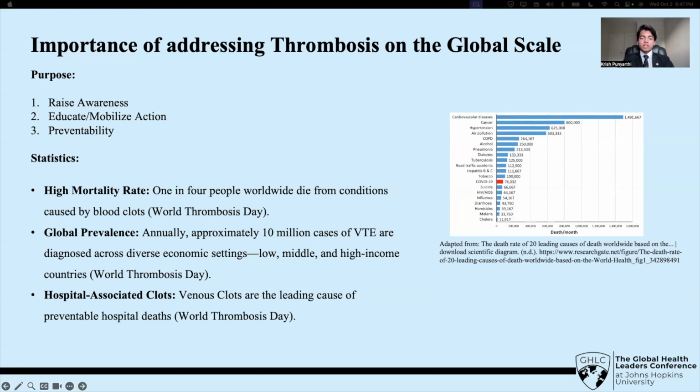Okay, now going back to point 2, I want to educate and mobilize you all listening to further spread the word of this condition and make this a preventable condition, because this actually is very preventable, doing things I mentioned on the previous slide. In the third statistic, you can see that clots are the leading cause of preventable hospital deaths. With further education and knowledge, we can drastically reduce preventable hospital deaths.